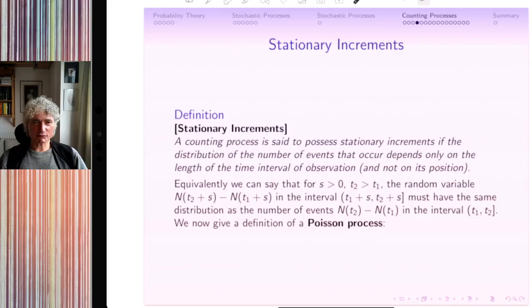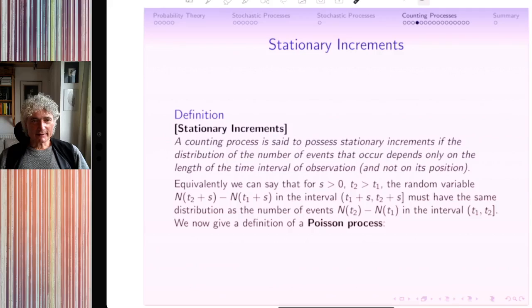So s is used to define the length of this shifting time window, and that must be inside the interval t1, t2. Okay, so I think you understand what stationary increments are.